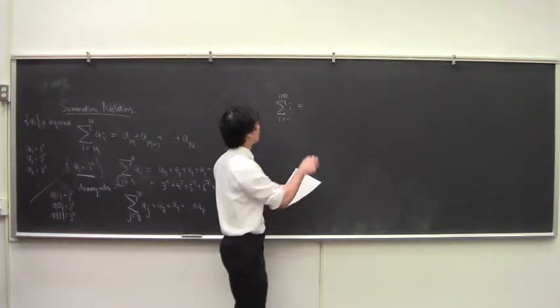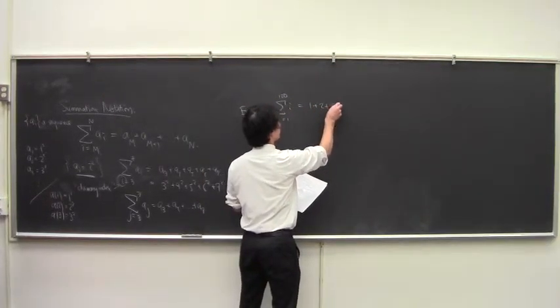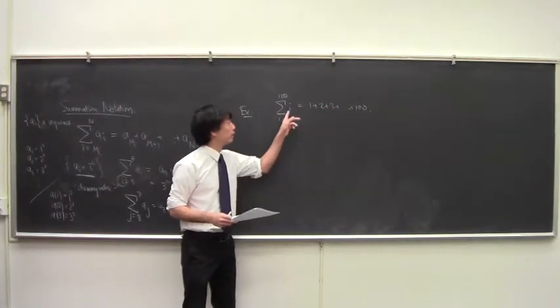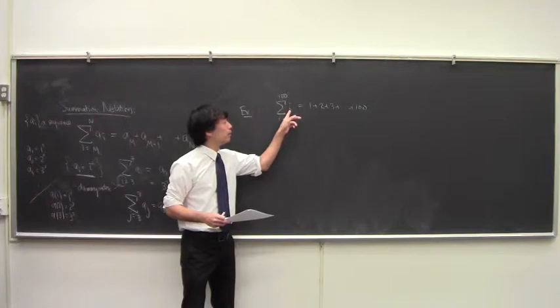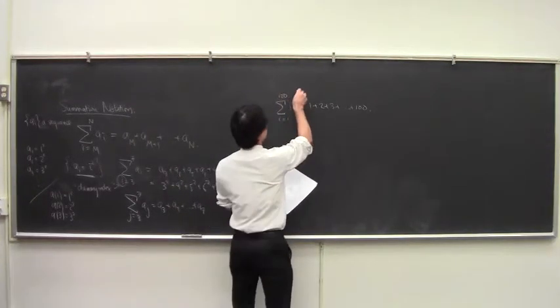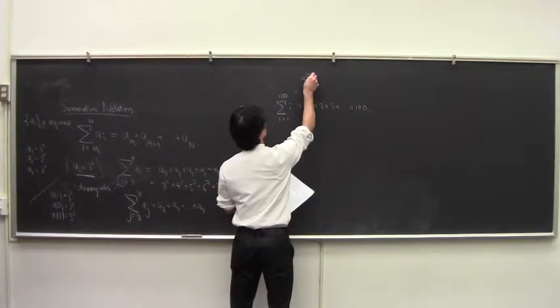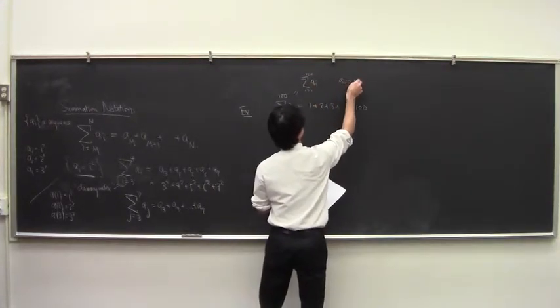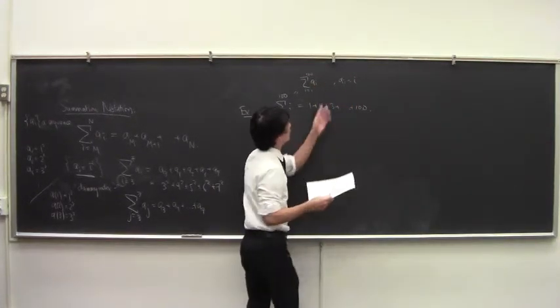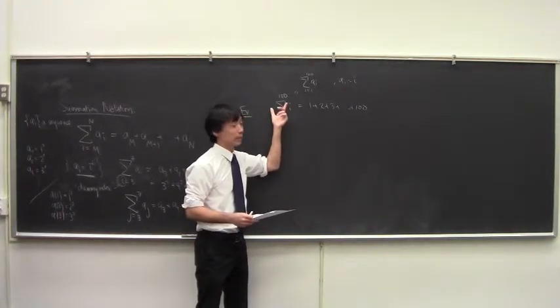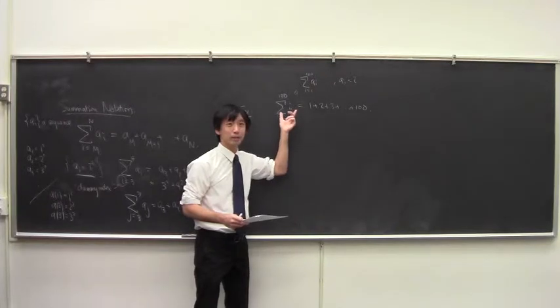Yeah, it's just going to be 1 plus 2 plus 3 up to 100. Here you could write this as summation a sub I, where you've defined a sub I as I. But this is sort of an abbreviation. Instead of writing that all out, you just write summation of I itself.